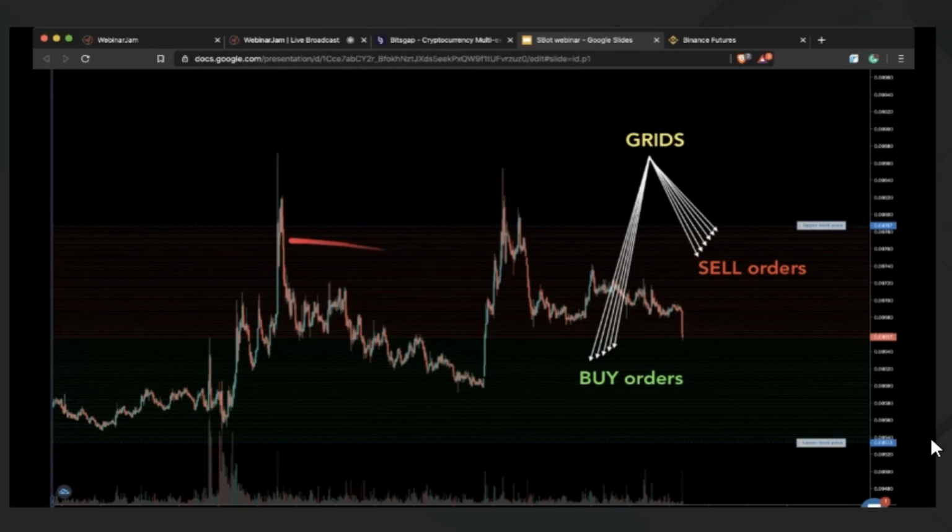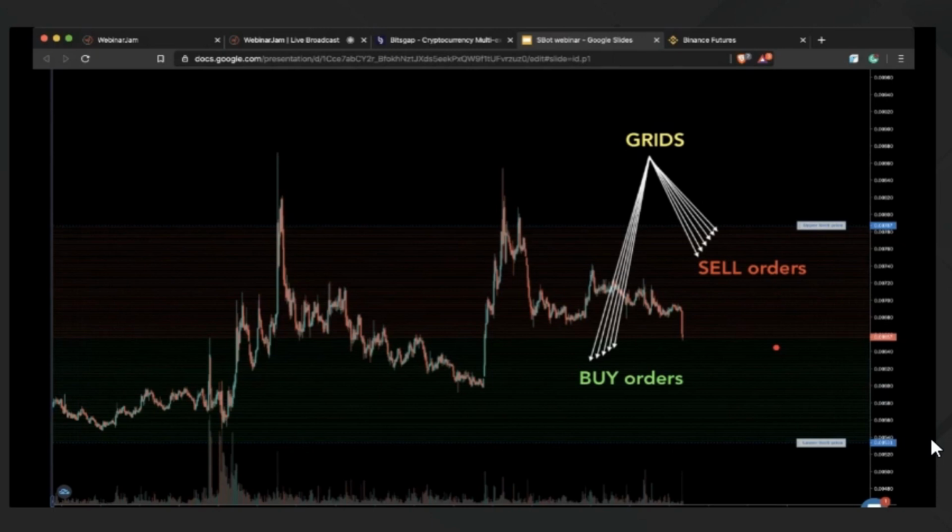As you can see, there is a tiny space between the orders. That is exactly what is called the grid spacing. And the aim is to seize as many market swings as possible, basically to buy low and sell high.